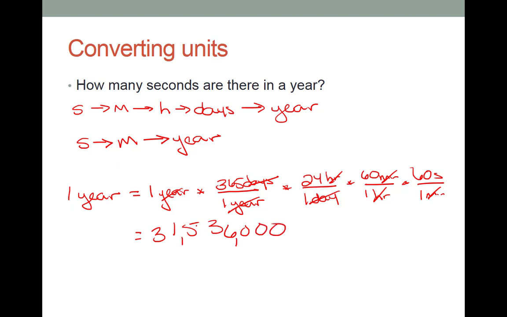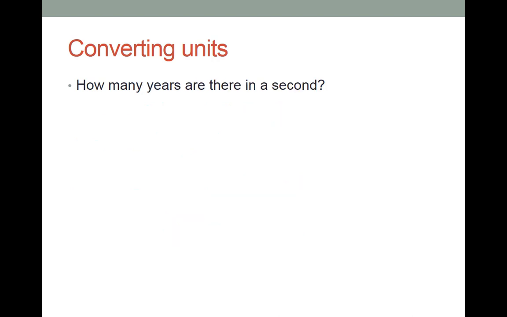So 31,536,000 seconds in 1 year. That's a lot of seconds. Did you ever think about how many seconds were in a year before? What if we reversed the question? What if we reversed the question and asked, how many years are there in a second? Okay, well, there's two ways we could approach this.